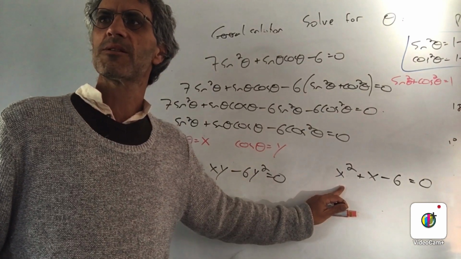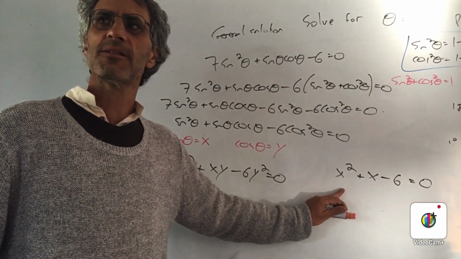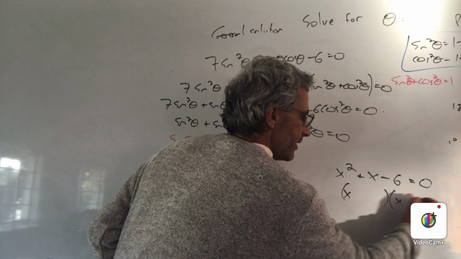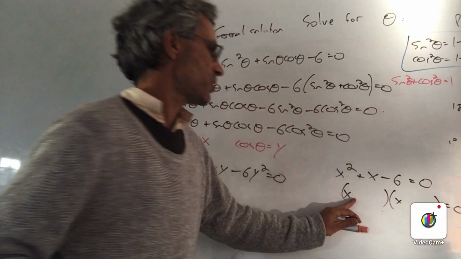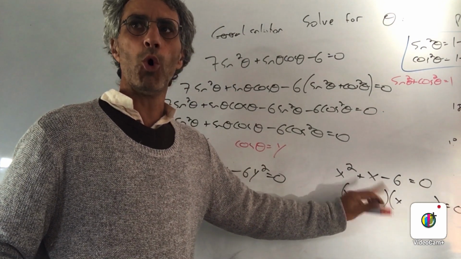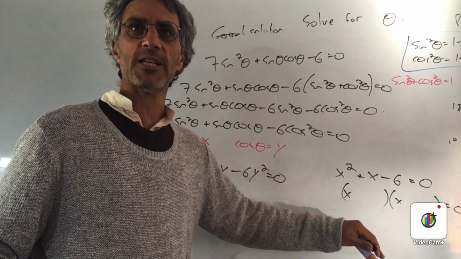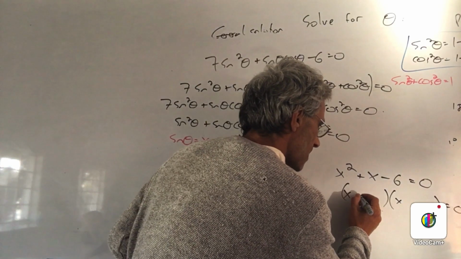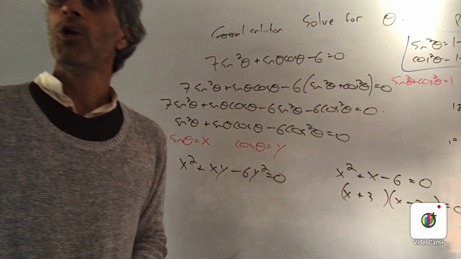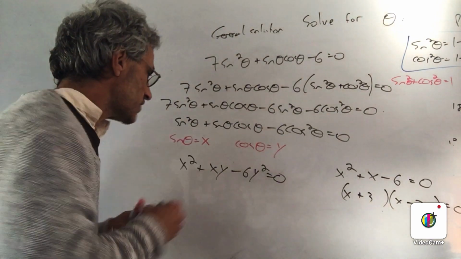How do we factorize this? We all know how to factorize this. It's going to be x. What is that? Come on, guys, we know how to do it. Two numbers that multiply to minus 6 and add up to 1, that's it, plus 3 and minus 2, right? The same thing here, guys.